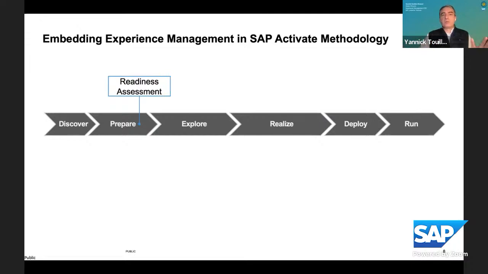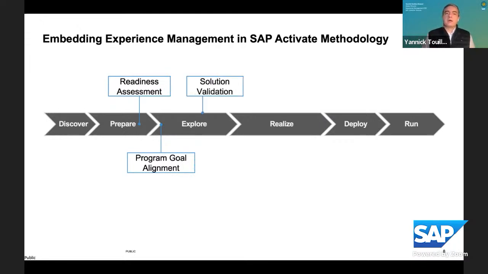So for example, in prepare, we're going to go through this readiness assessment. Explore, we're going to go with this program goal alignment. Then we're going to assess the solution validation after all the fit to standard workshops that you most probably are going to execute. And then you have this continuous listening process about the overall project performance.